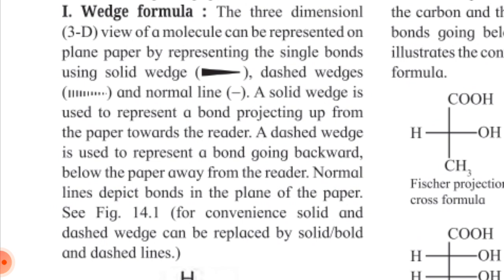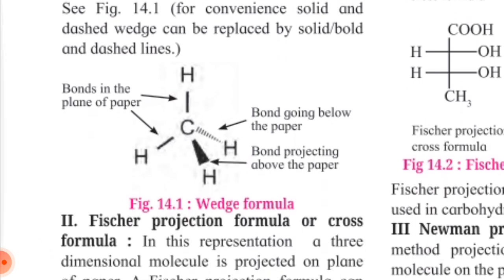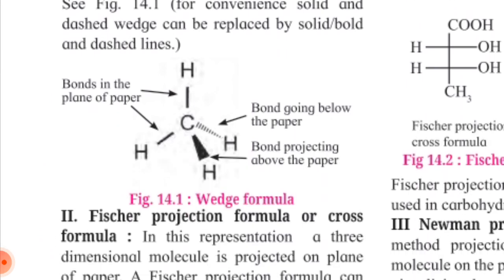For convenience, solid and dashed wedges are replaced by solid or bold and dashed lines. The normal line is the bond in the plane of the paper. The dashed line is the bond going below the paper, away from the reader, and the solid line is the bond projecting above the paper, towards the reader.